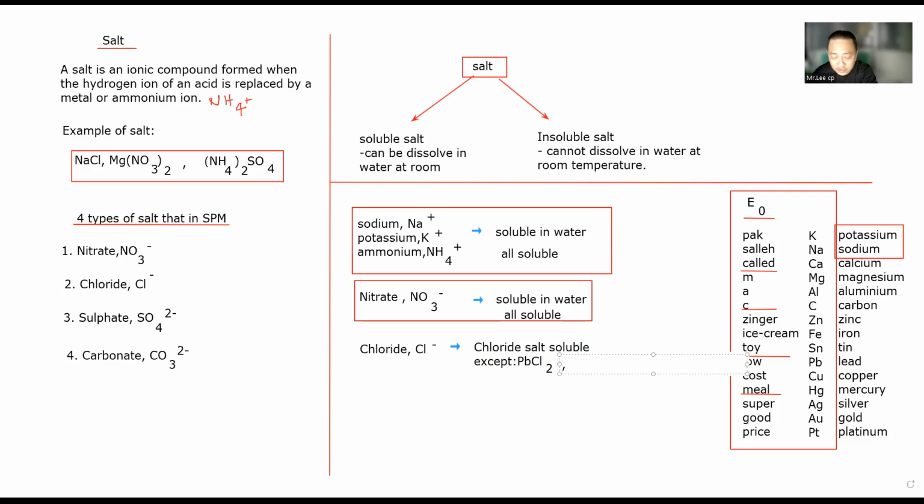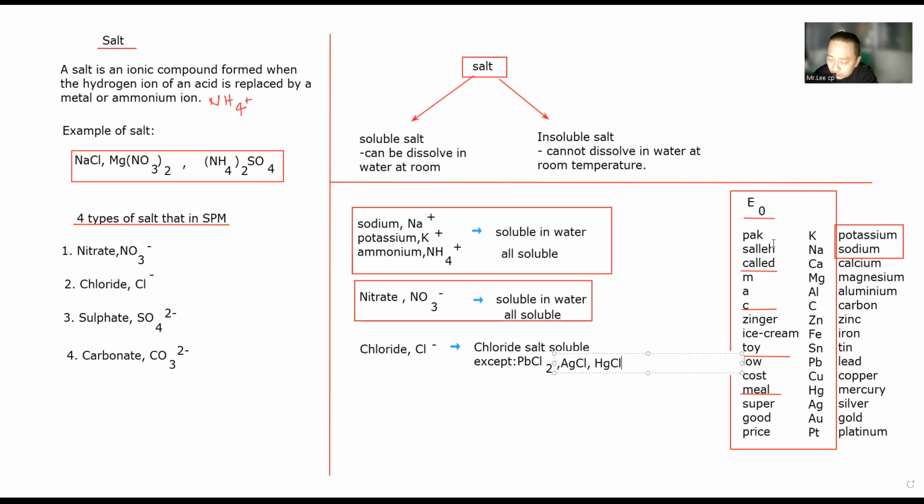The second one is Ag, Argentum, which is silver. Silver chloride is not soluble. One more is mercury chloride, not soluble. These 3 are not soluble. I will slightly explain to you why.